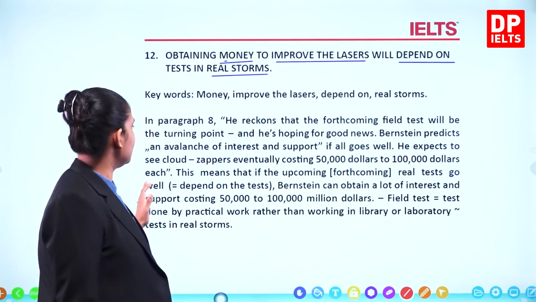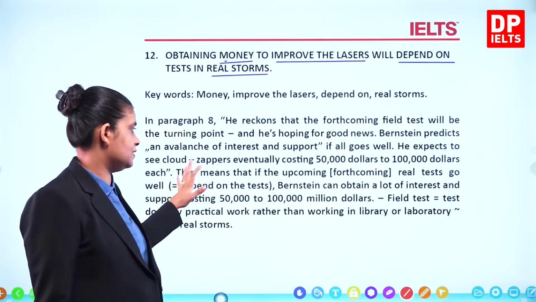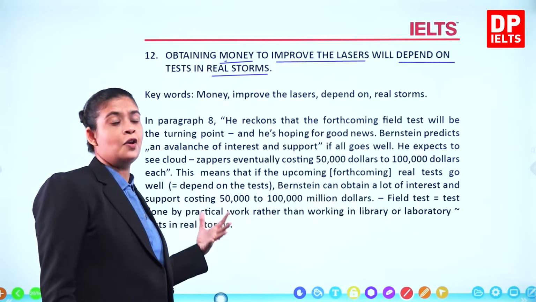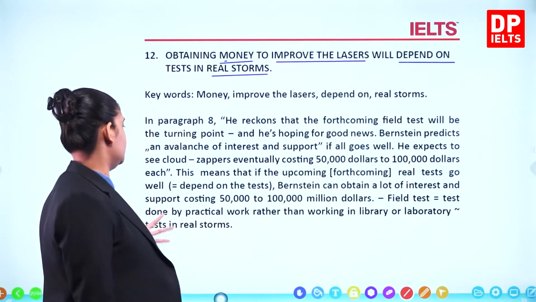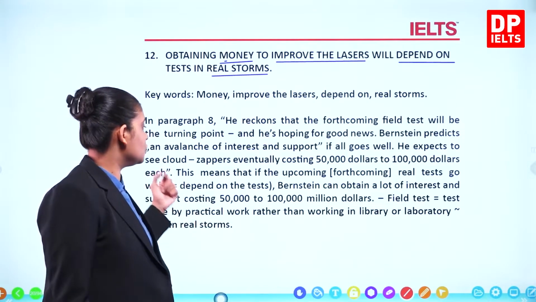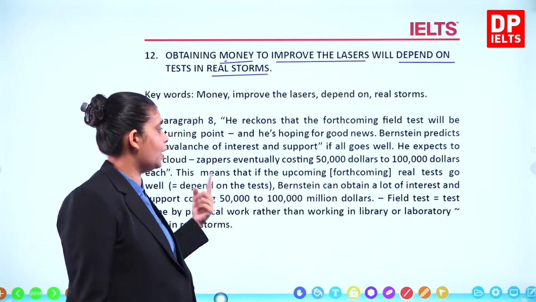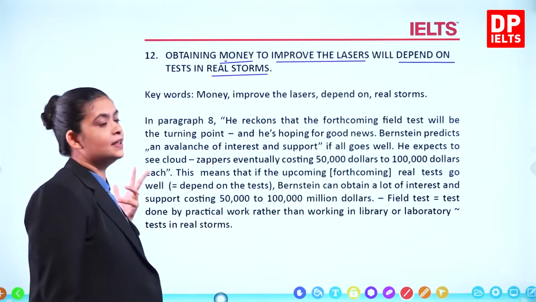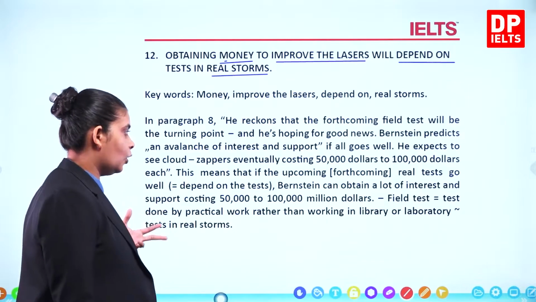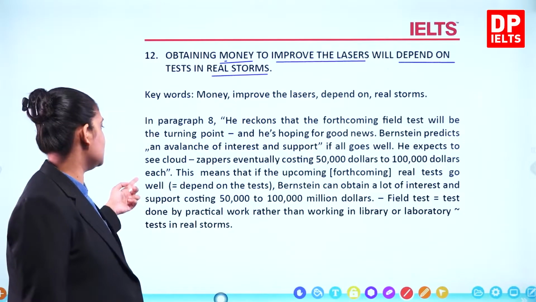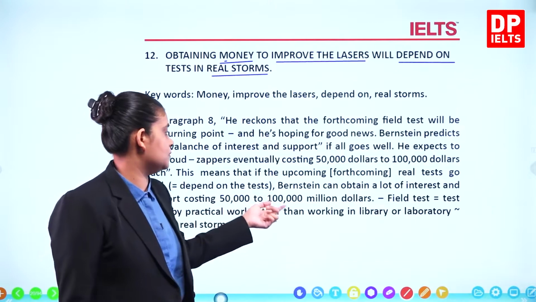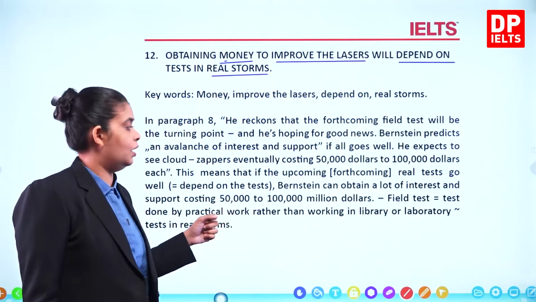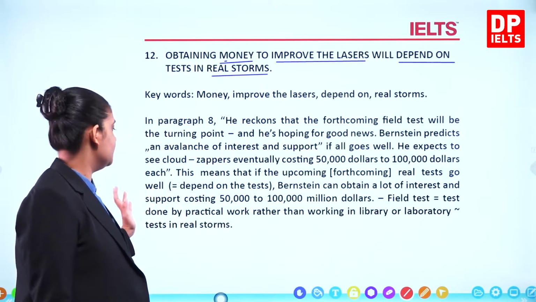So it means he expects to see the cloud zappers eventually costing $50,000 to $100,000 each. So this means that if the upcoming or real tests go well, Bernstein can obtain a lot of interest and support.